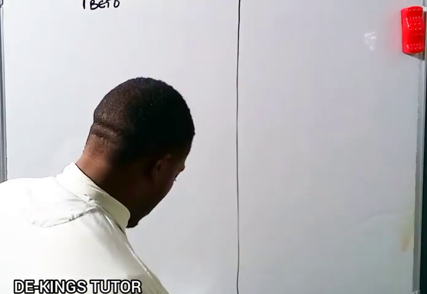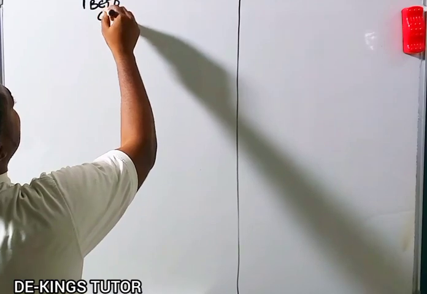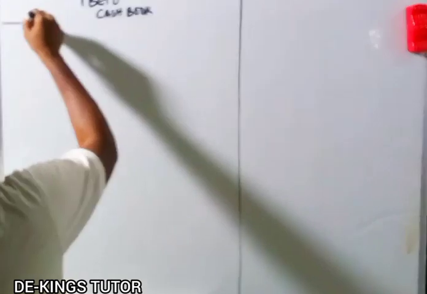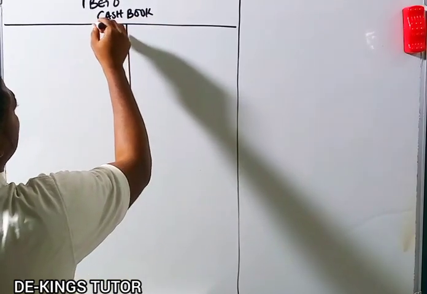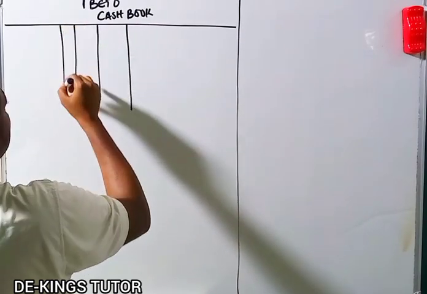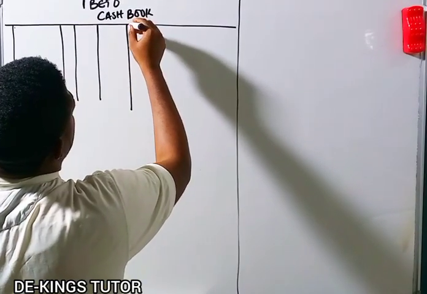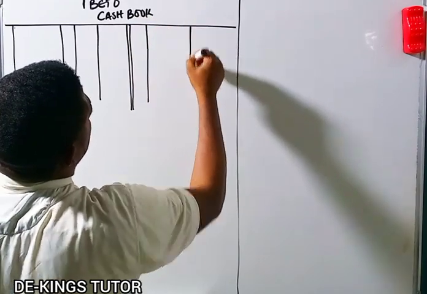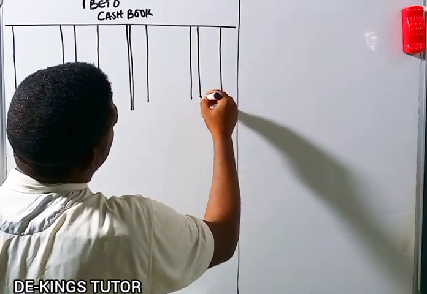Okay, so we are going to open the cash book. So if it's a cash book, you can have this as cash. This can be our dates, particulars, folio, cash and bank.